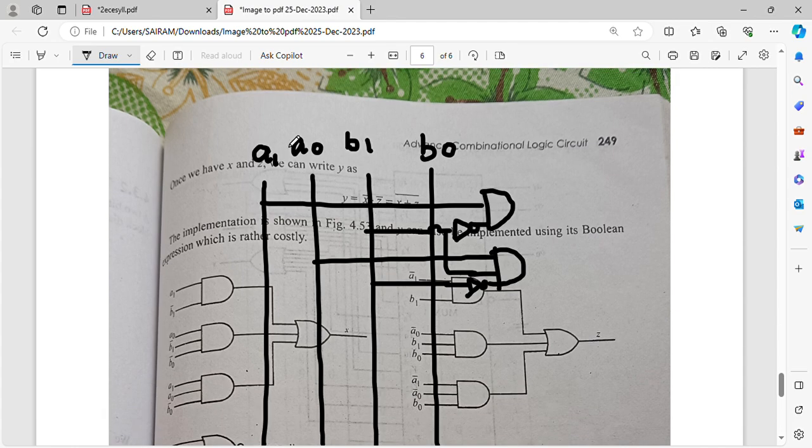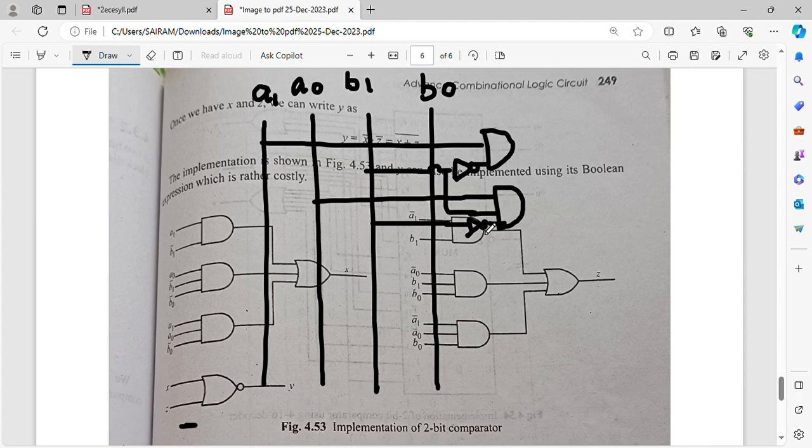Yeah. And then next thing, the third one is nothing but your A1 A0 B0, right? B0 bar, right? Now we have to take B0 bar again.